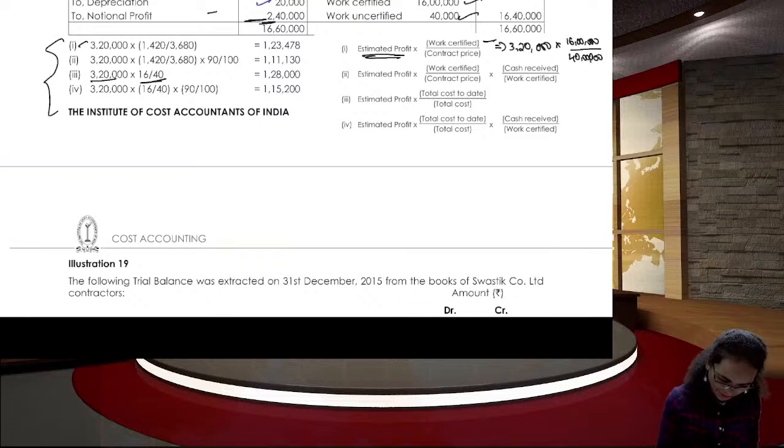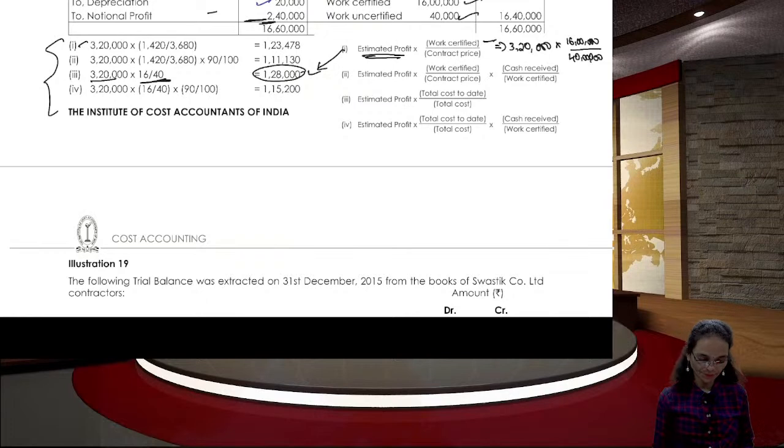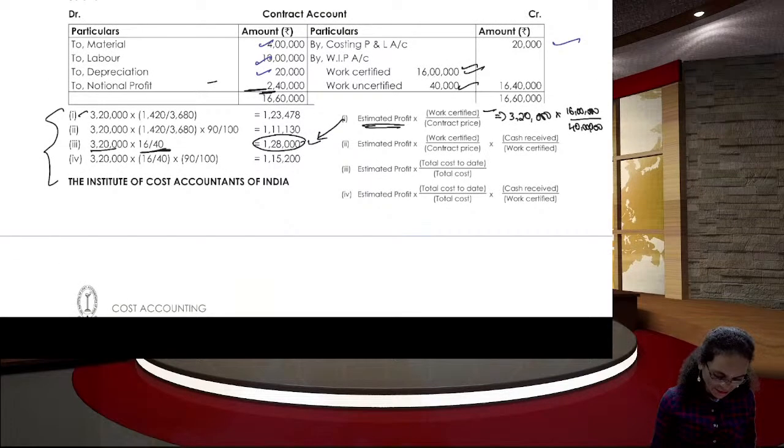So 3,20,000 into 16 lakhs divided by 40 lakhs, that is nothing but 1,28,000. You got it, this one. Are you understanding?